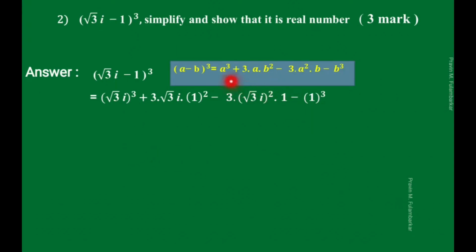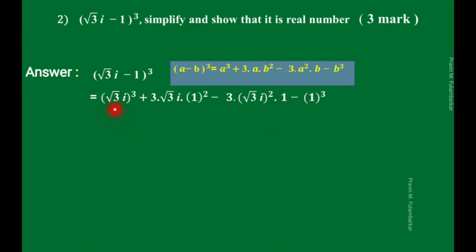In place of a we replace root 3 i, in place of b we replace 1. We just replace the values of a and b.